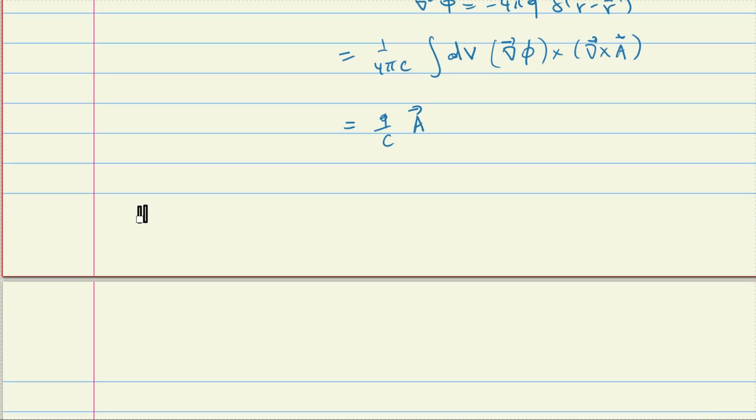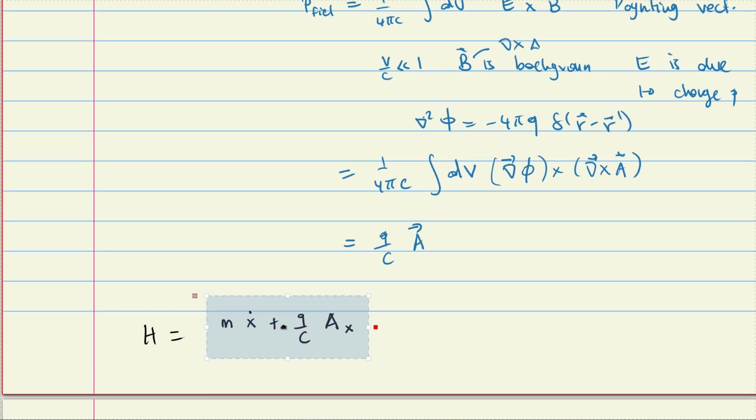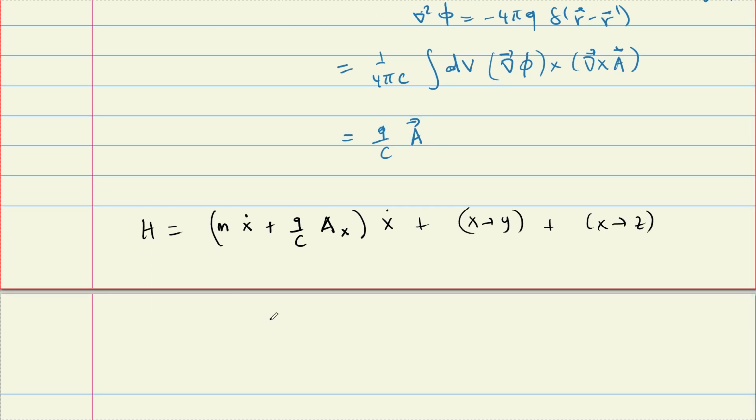H is going to be, so I'll just take this, P times x dot plus the y and z components, and we need to subtract 1/2 m (x dot squared plus y dot squared plus z dot squared).